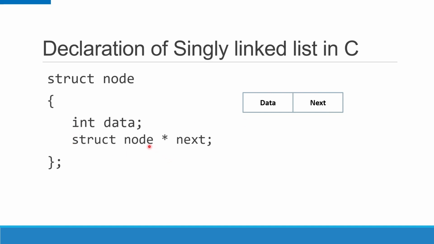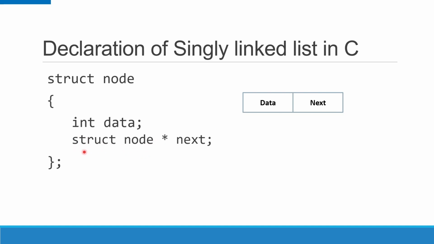This is the concept of self-referential structure that we have used here, because my next field is going to hold the address only, but that address points to a node. The node again contains the same data as well as the next field. My next node is also like that. For that purpose I am including struct node.